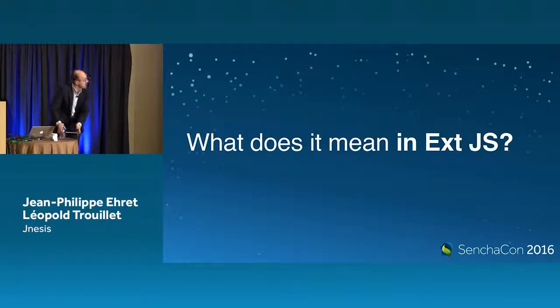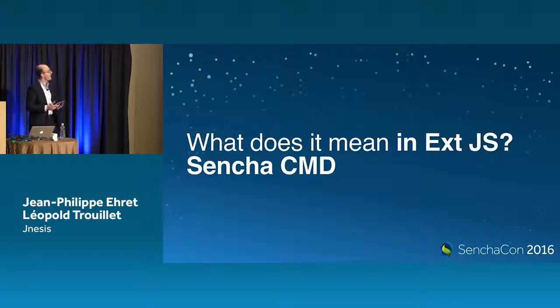So what does it mean in Ext JS? First thing, it seems to be obvious, but you definitely need Sencha Cmd. Because if you do not use it, of course, you will have to download many big JavaScript files, and it's better to have one single minified JavaScript.